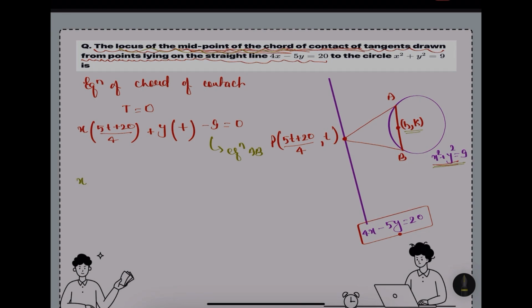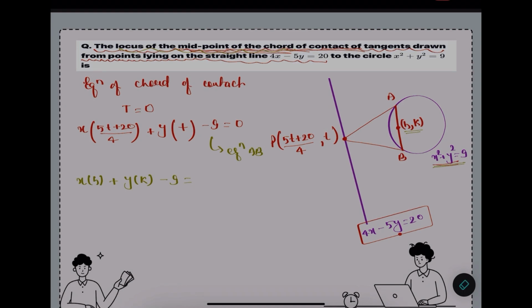So can I replace h x x1 plus y y1 minus 9 equals 0?